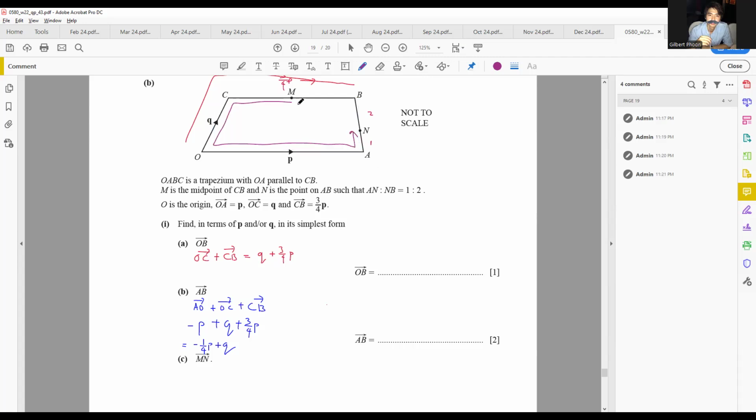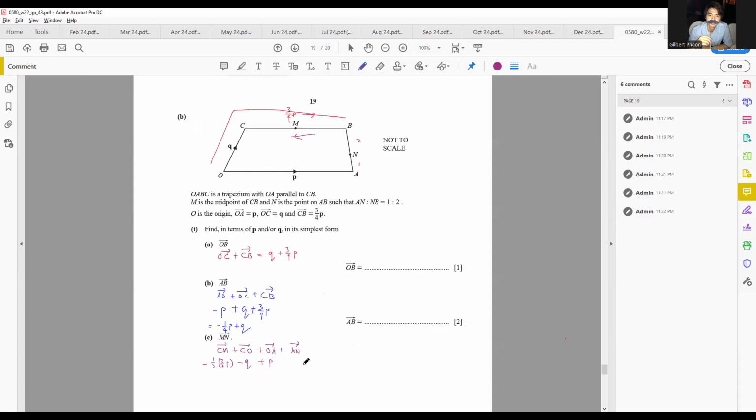Since M is the midpoint of this, MN is MC plus CO plus OA plus AN, which can be broken down into very simple parts. Half of 3 over 4P, negative because it's going in the other direction. Then minus Q is CO, plus P, plus AN.